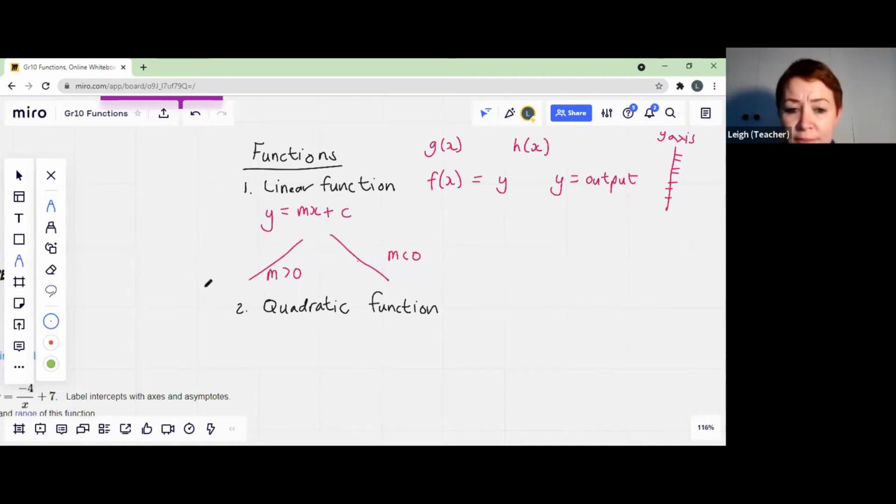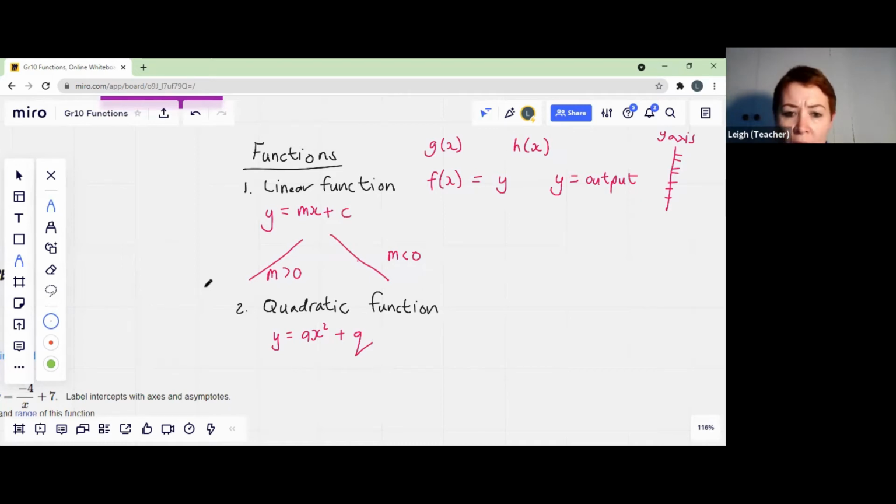Now, the quadratic function is what we had our previous 3 lessons on, okay? So that takes the form, if you guys remember, y equals ax squared plus q. Remember last time we were talking about the value of a and what that did to the function.